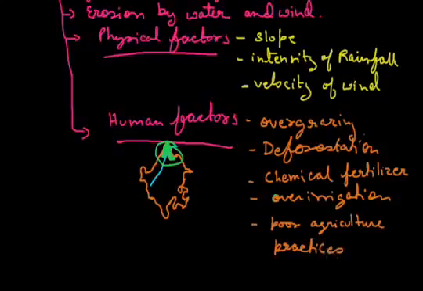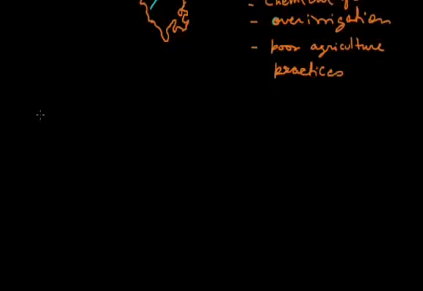Poor agriculture practices means the old type of technology or system is used for agriculture. Now let us come to the next part of the chapter, that is soil conservation.